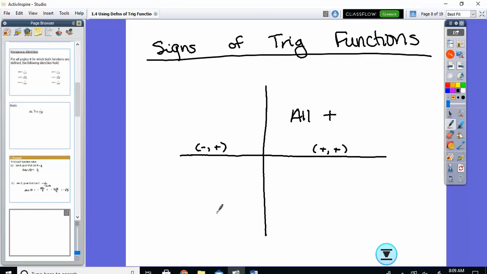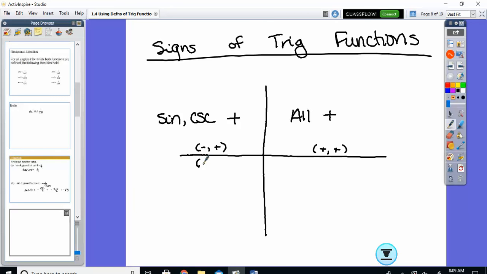So that means its reciprocal, secant, would also be negative. If you think about tangent, y over x, it would be negative. So cotangent is also negative. So in quadrant 2, there's only two positive ones. Sine and its reciprocal, cosecant, are positive.